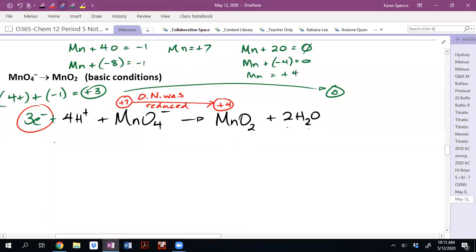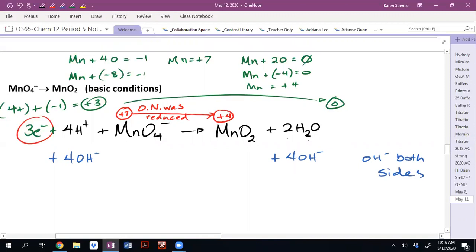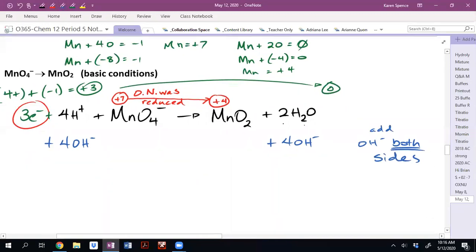We need to add 4. Yes, absolutely. So we're going to have 4 OH minus over here. That's going to give us 4 water when we add it up. And we also have to add 4 OH minus to the other side. Remember, the OH minus must be added to both sides, not just one side.